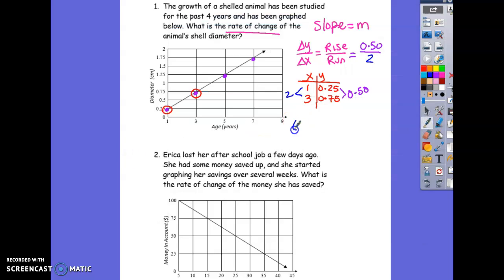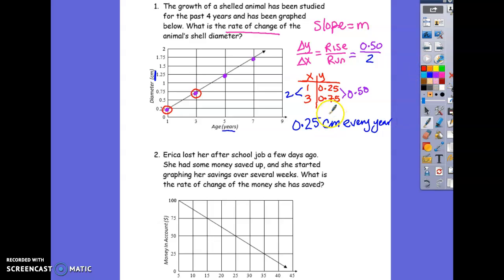So 0.25 is the slope, and it's the y over the x. So it's 0.25 centimeters every year. Okay, the y always goes first.